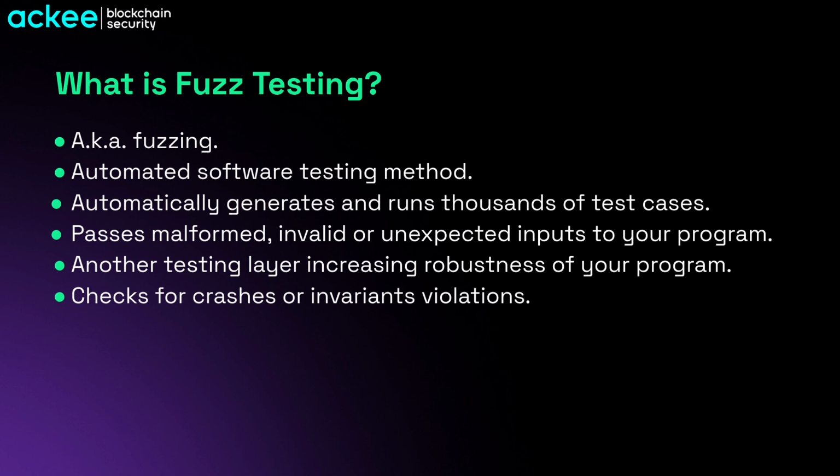And as I said, the fuzzer tries to crash your program. So it basically checks for runtime crashes that are not handled, or it also checks for crashes caused by so-called invariant violations, where a developer can define different invariants, and if these invariants are violated, then a crash is detected.